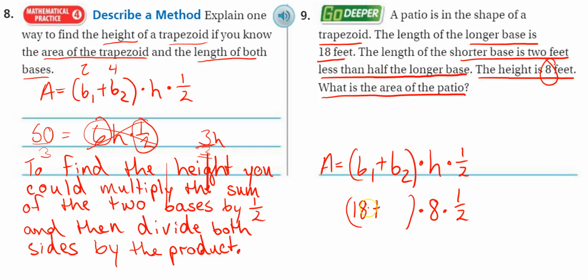So if we take half of 18, that would be 9, and 2 feet less than that would be 7. And that's how we're going to find the area. So now I use my order of operations. I do my parentheses first. 18 plus 7 is, not 15, 25. Okay, and then times 8 stays, and times 1/2.